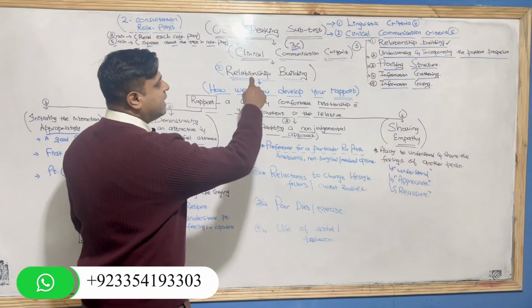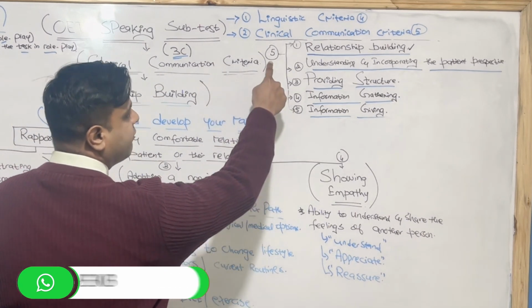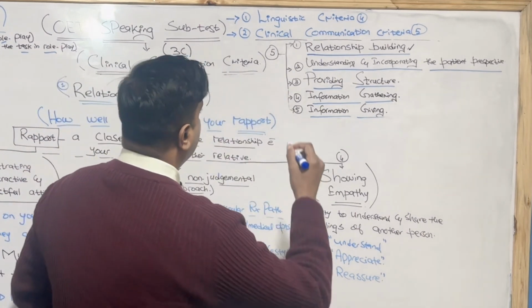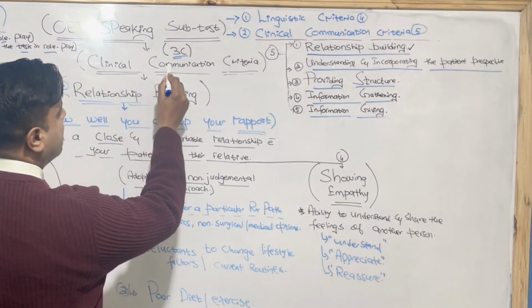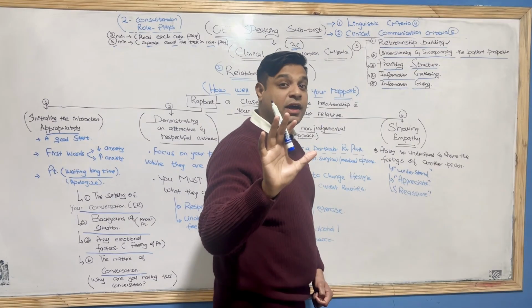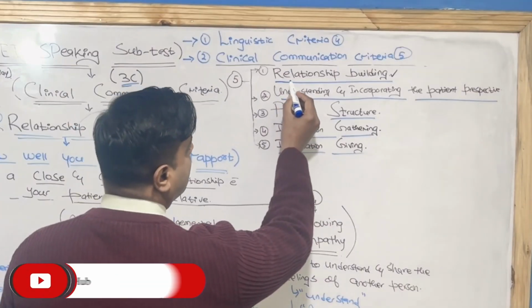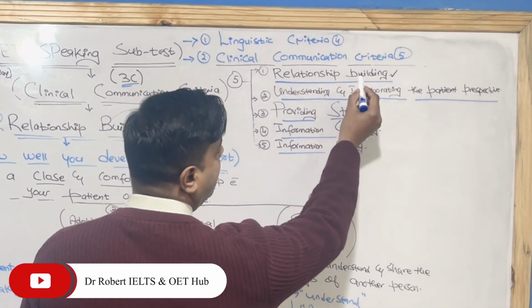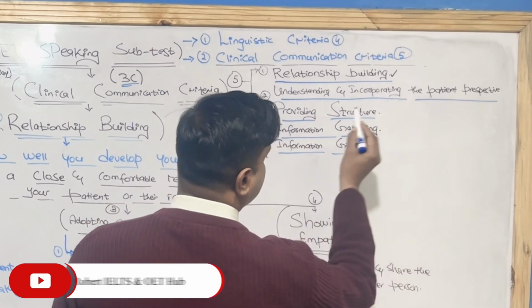Now, today's topic is the clinical communication criteria. There are 5 clinical communication criteria, which is 3C: C for the clinical, C for the communication, and C for criteria. Now, the first one is relationship building. Second is understanding and incorporating the patient perspective.